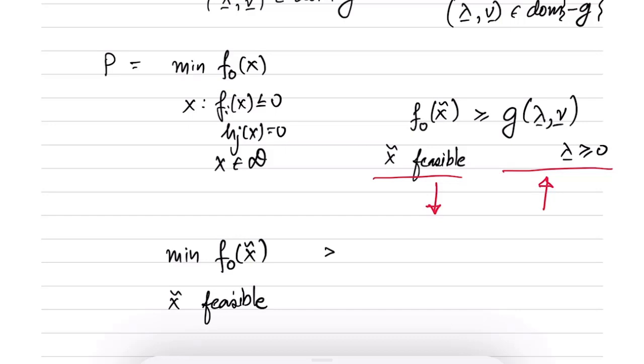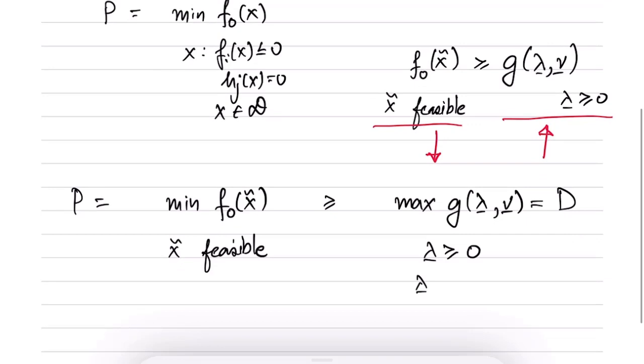right? And that would still be greater than or equal to the maximum of g of lambda comma nu over all lambda greater than or equal to 0. And if you remember, this is nothing but p and this is nothing but d, and I also add that lambda comma nu is in the domain of g.